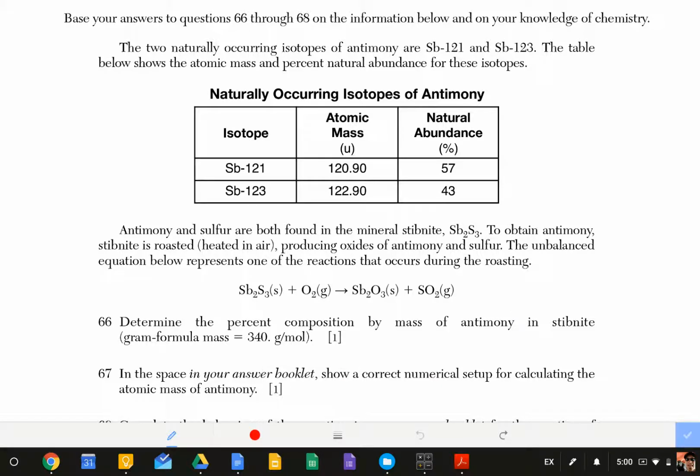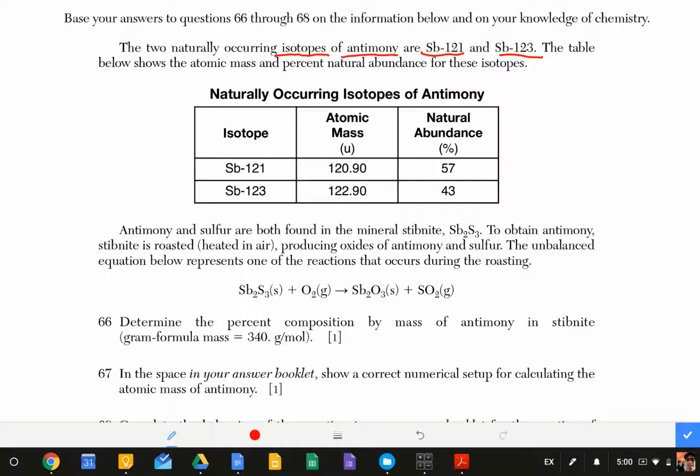The two naturally occurring isotopes of antimony are antimony 121 and antimony 123. The table below shows the atomic mass and percent natural abundance for these isotopes. So these are the highest abundance isotopes of antimony in Earth's crust.